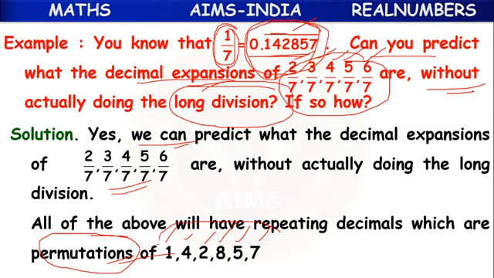Means by observing when they are repeating, by the permutations of these decimal places, we can find the expansion of equivalent rational numbers, also without the long division method.